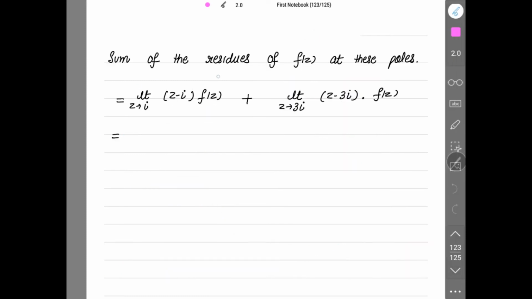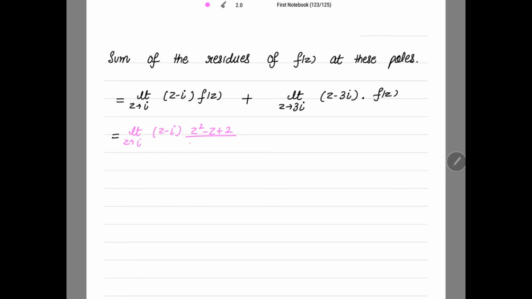So the sum of the residues of f(z) at these poles is equal to, the formula is, limit z tends to iota of (z minus iota) f(z) plus limit z tends to 3 iota, which is the other pole, of (z minus 3 iota) into f(z). So this is limit z tends to iota of (z minus iota), and I'm writing my f(z) in factorized form so that I can cancel this z minus iota. So this is z square minus z plus 2 over, now the denominator has two factors, z square plus 1 and z square plus 9.